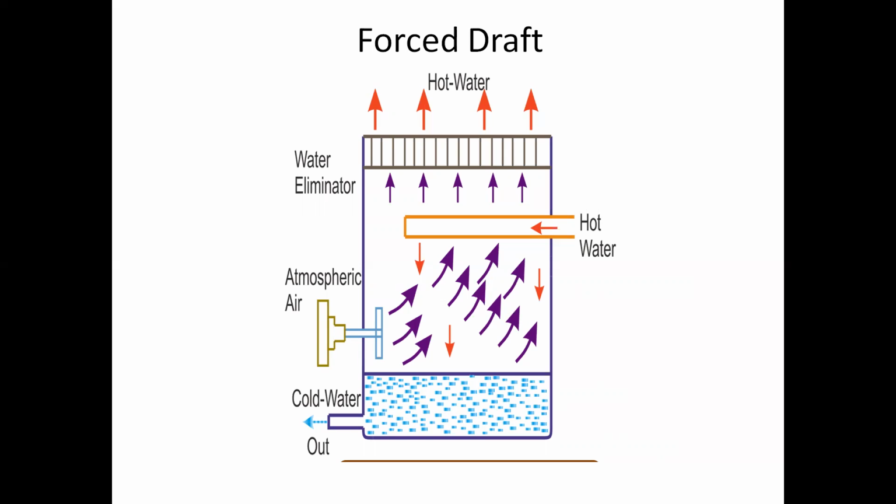The air flow which is coming from the bottom side is mixed with the hot water and the air becomes hot, and the hot air and water mixture goes out and the cold water is dropped inside the tank. So this is similar to our natural draft, but the only thing is that a forced fan is used. That's why it is called forced draft.